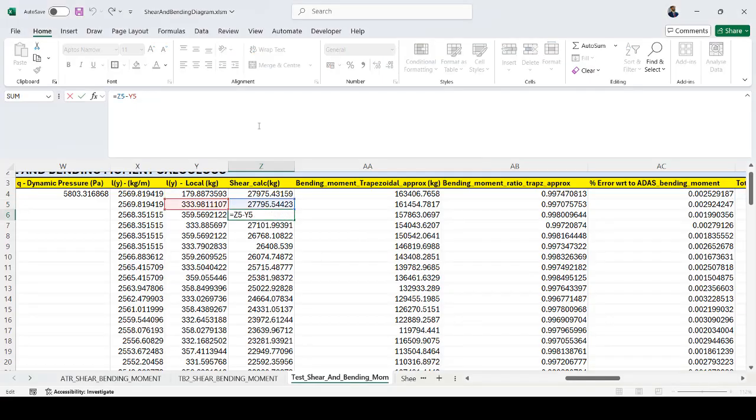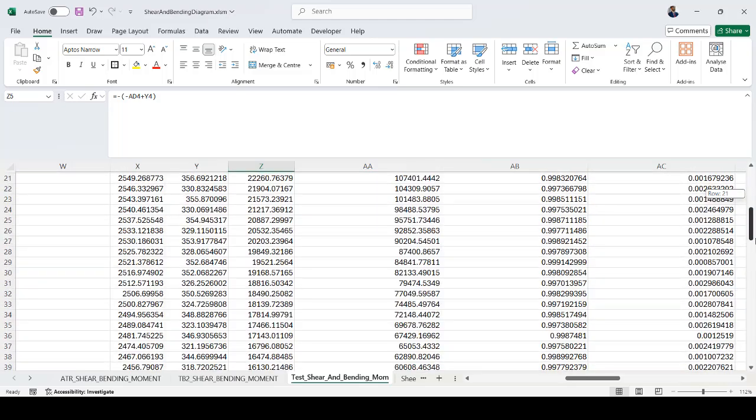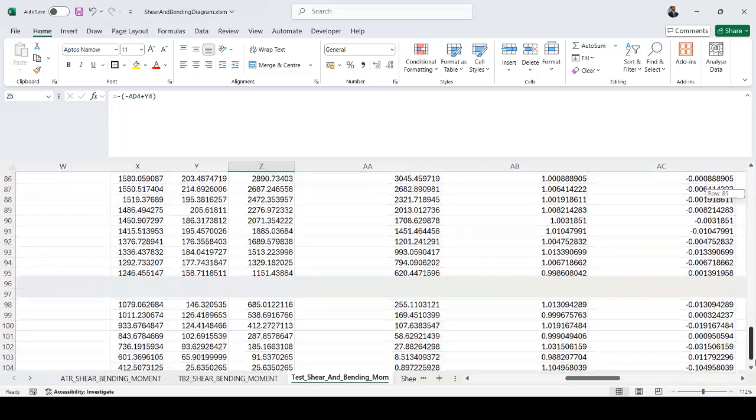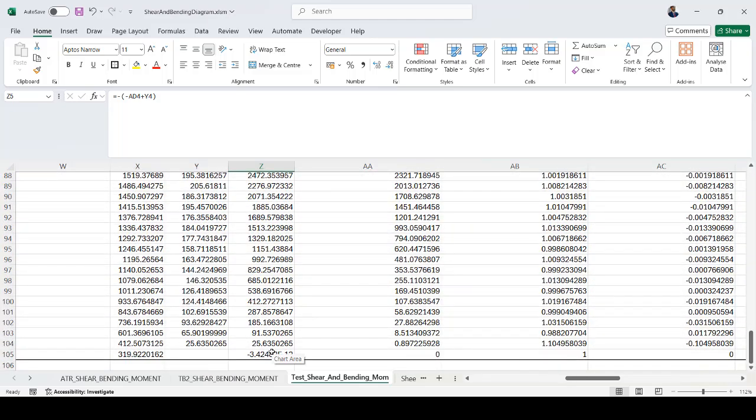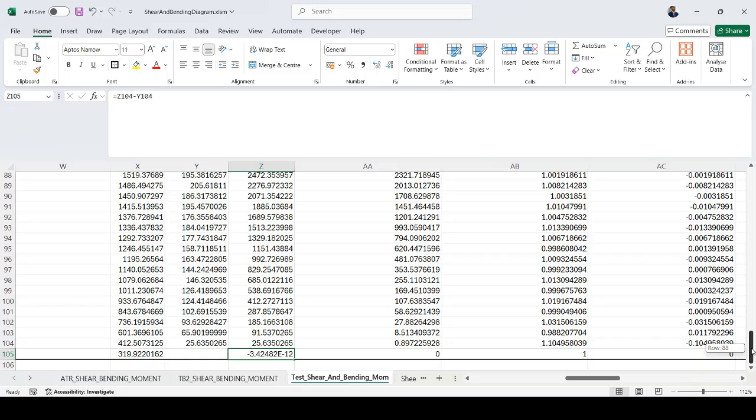Can you see this? And so we can calculate the shear, and the last cell represents point B of our beam, or the tip of our wing, and we see that it is clearly 0.